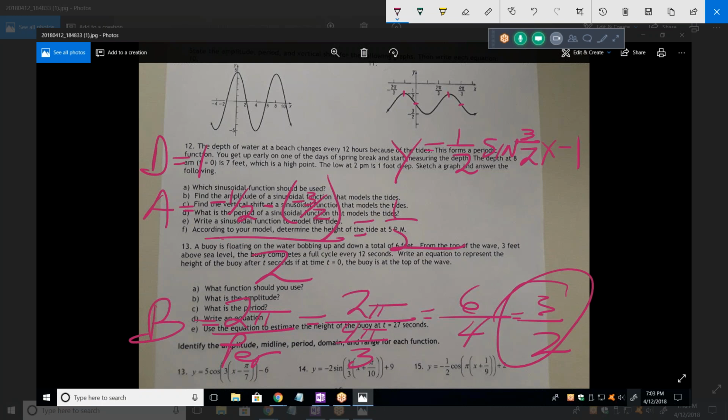Now, that's not a sine curve. What kind of curve is that? If I gave you this curve right here, that's a sine curve, right? What if I give you this curve right here, the green one? What is that?